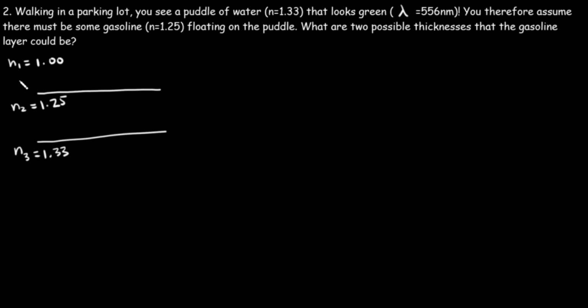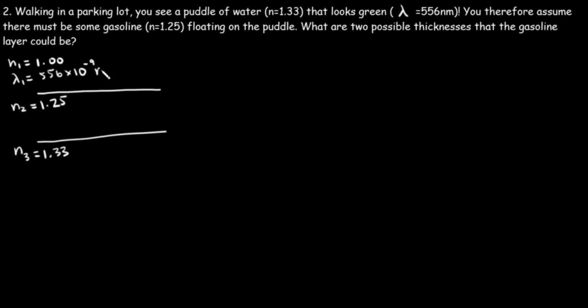So it's going to be this wavelength, because when you're looking at something, you're looking at it from the air. So it's going to be 556 times 10 to the negative 9 meters, since it's nano.